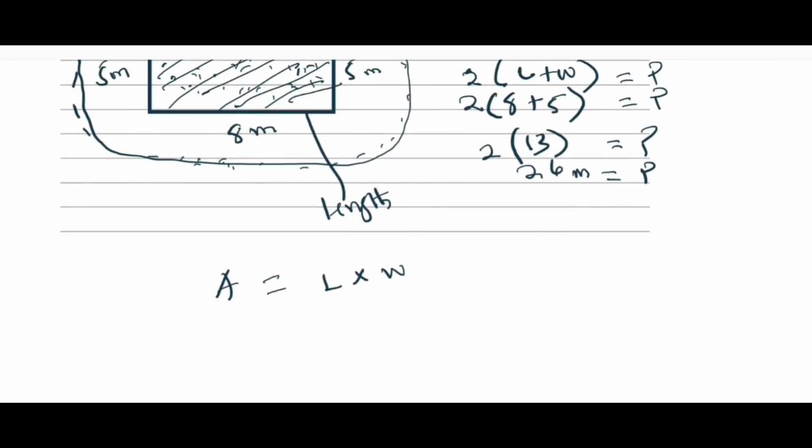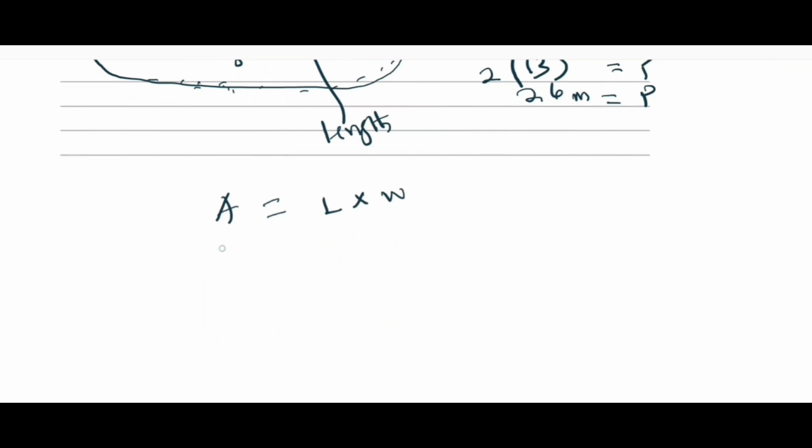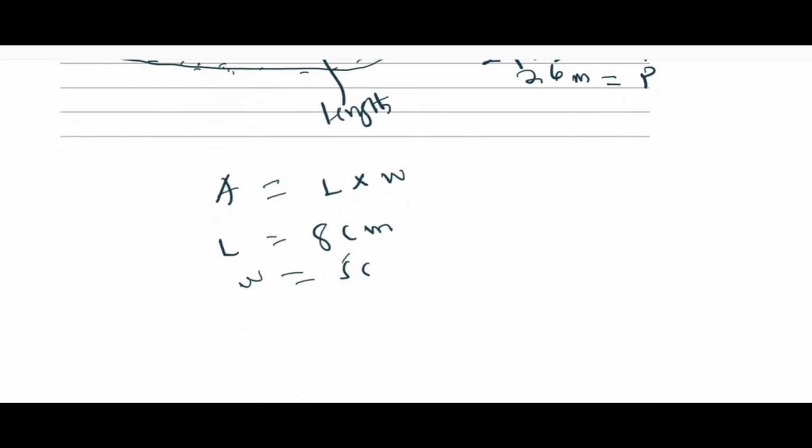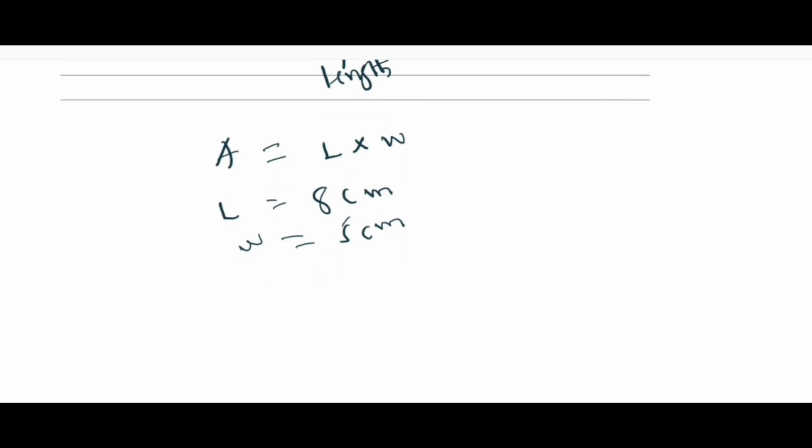So in this case, we have been told that the length is 8 centimeters. The width is 5 centimeters. So the area is equal to the length, 8 centimeters, times the width, 5 centimeters.